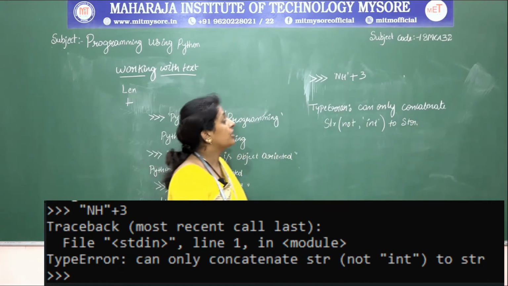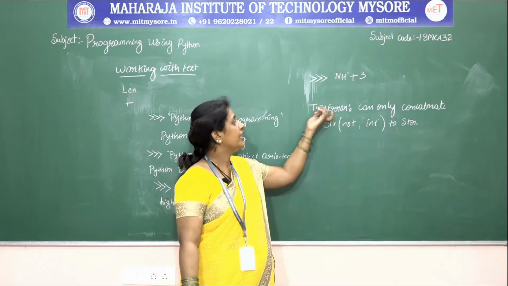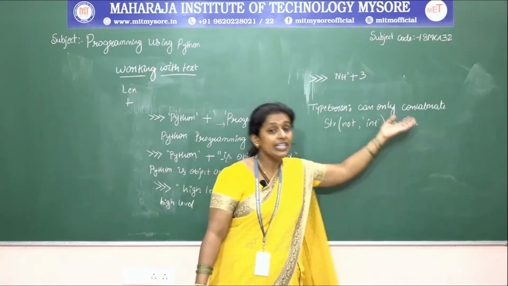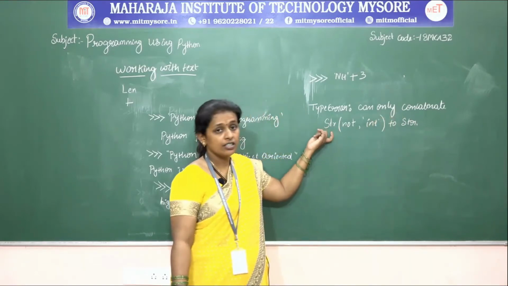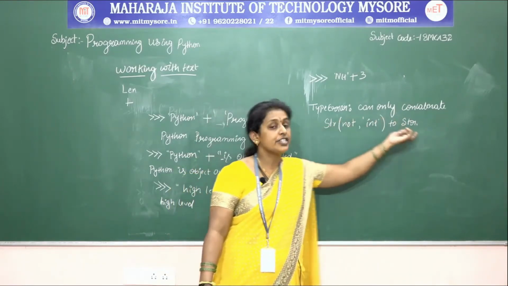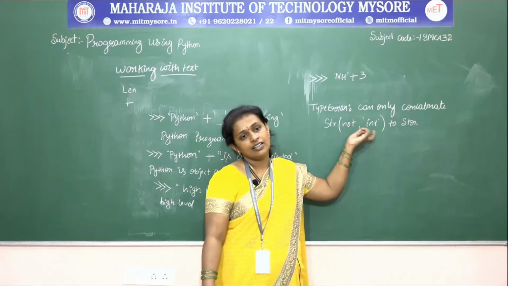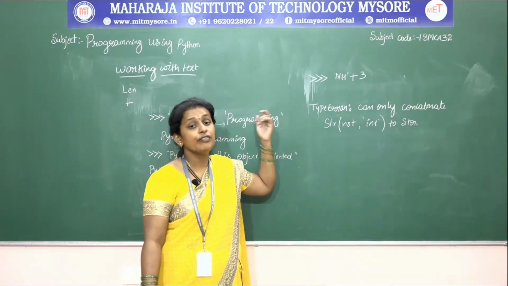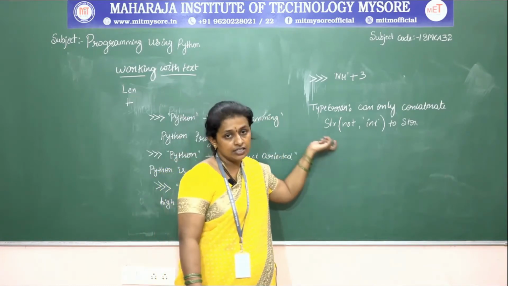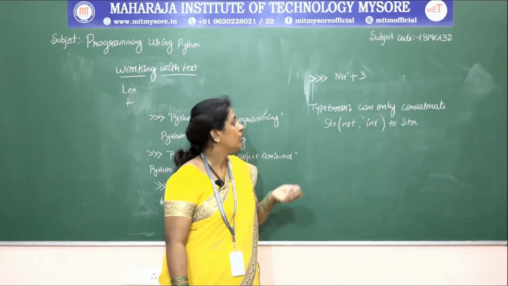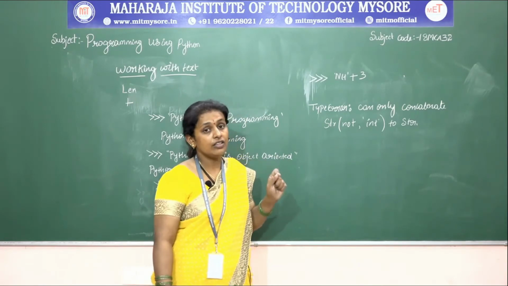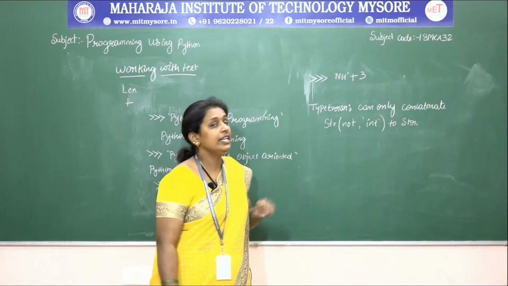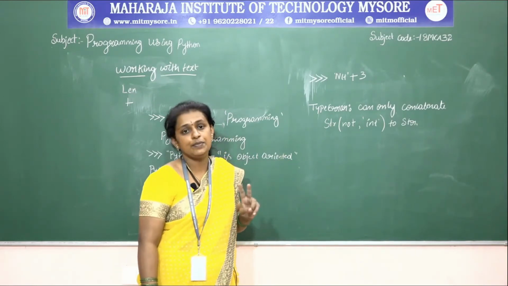So the error message here is a type mismatch error. You can only concatenate a string with a string, not with an integer. So a Python exception will be raised here, because we are trying to combine the values of two different data types.